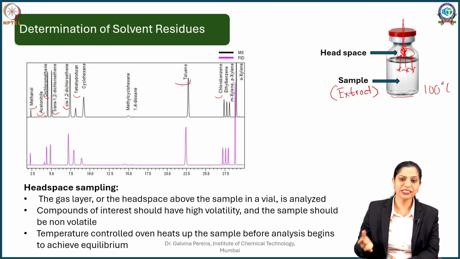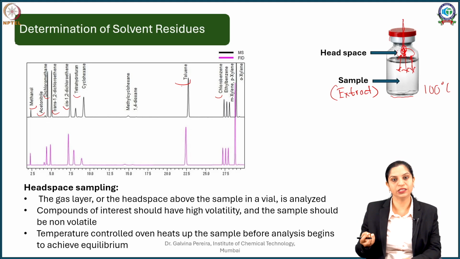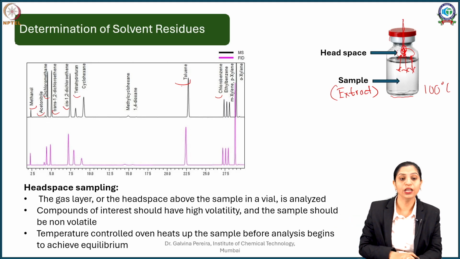So this headspace analysis is going to give you a more versatile or more user-friendly approach even with sticky residual samples, and it's not necessary here that the sample should be volatile.